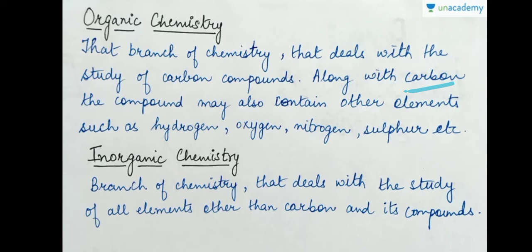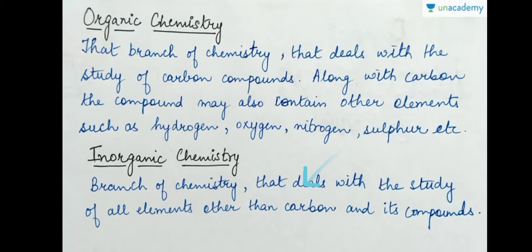On the other hand, we have inorganic chemistry, which deals with the study of all the elements other than carbon and its compounds. Whatever other elements are left are all studied in inorganic chemistry.